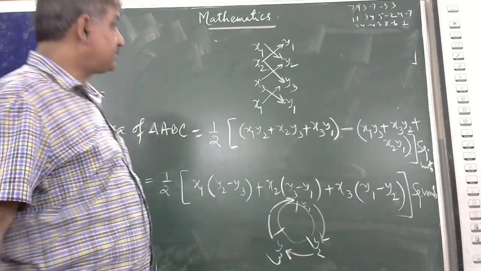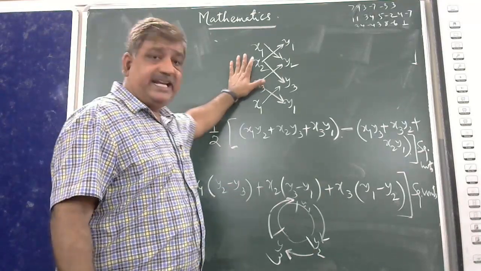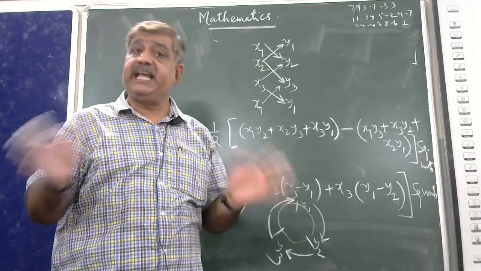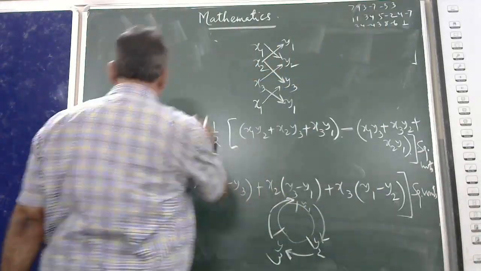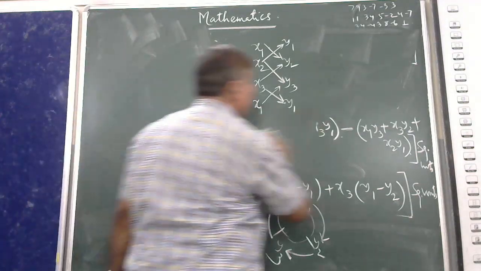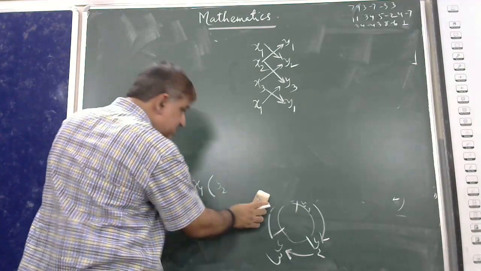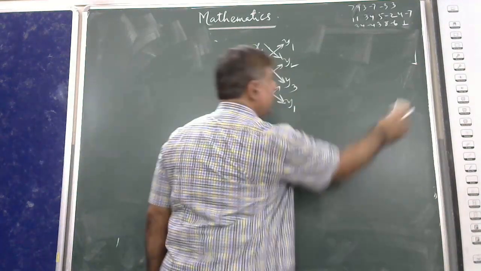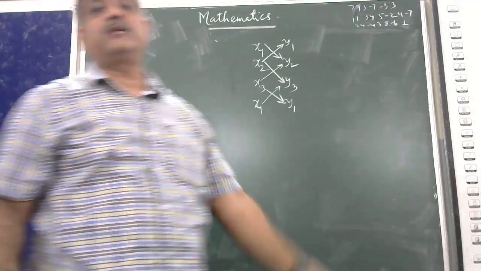Now, we have to apply this formula, this technique, in a few problems, and calculate the area of the figure. But there are some more concepts here: the same technique can be applicable to find the area of a quadrilateral also.